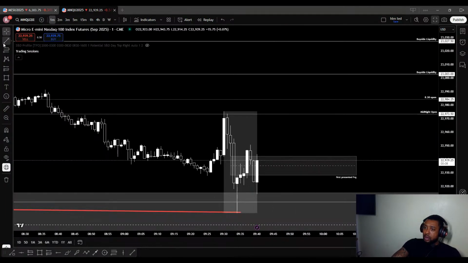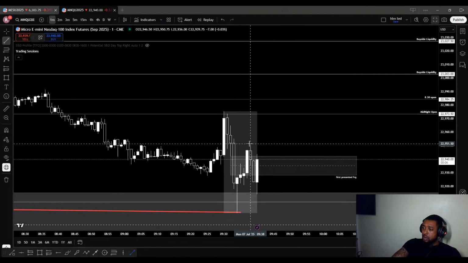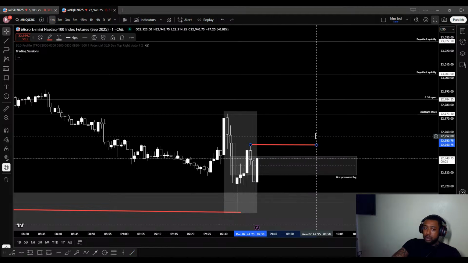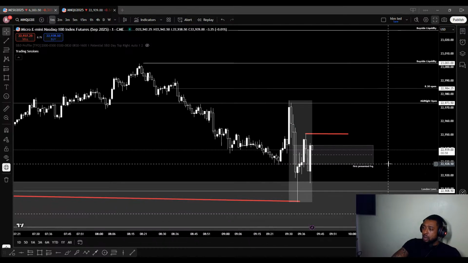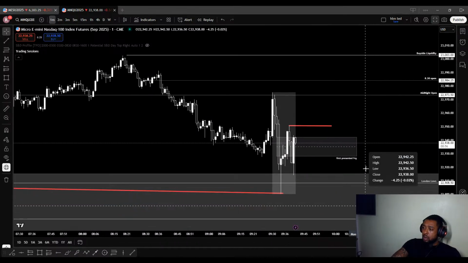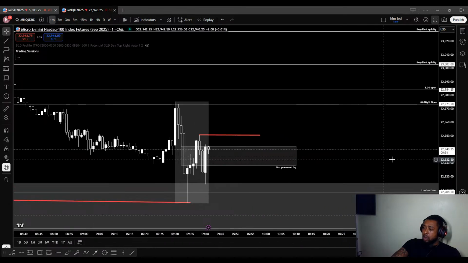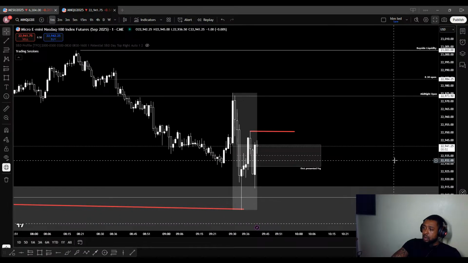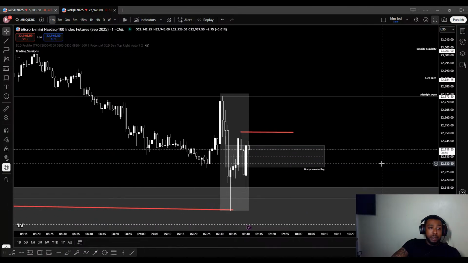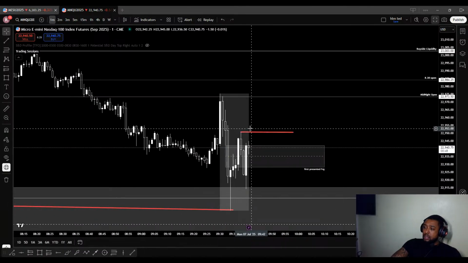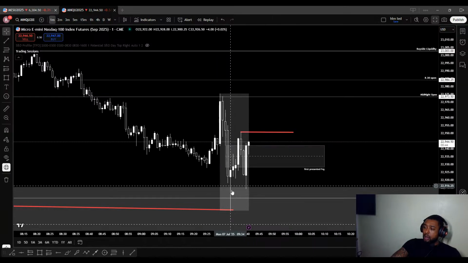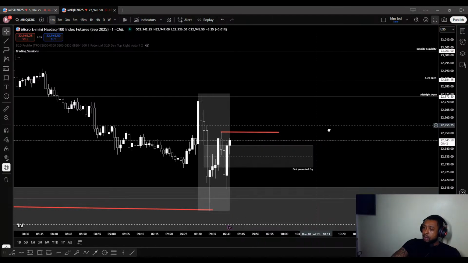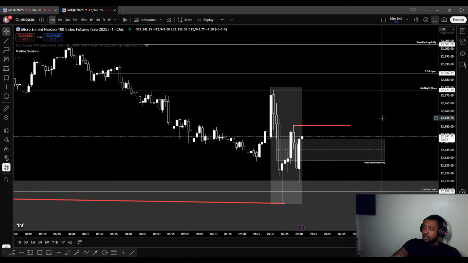So if it could create a change in the state right here, that'd be perfect. And then potentially, if it uses this, it could come above here, and then we get the breaker, the low, high, lower low, higher high. That'd be lovely.